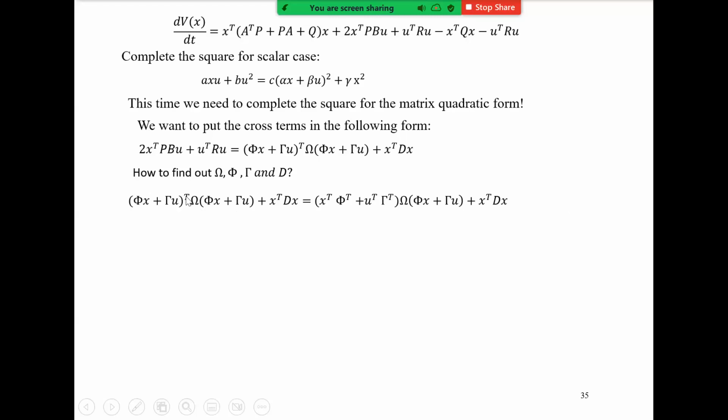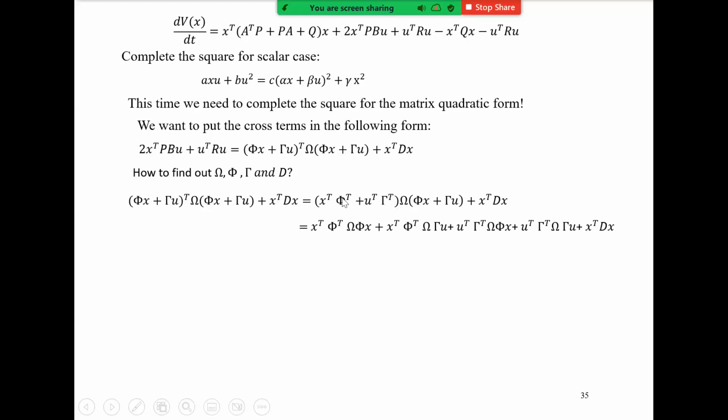So this is a transpose of this thing. When we do the transpose, we change the sequence, so we get x transpose times phi transpose plus u transpose gamma transpose. Then copy everything else. Next, you just expand this out.